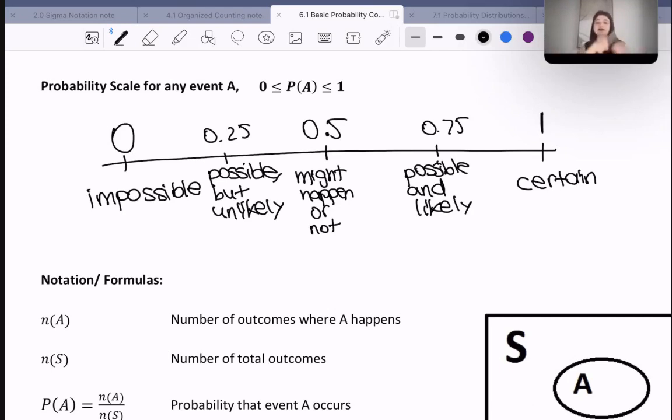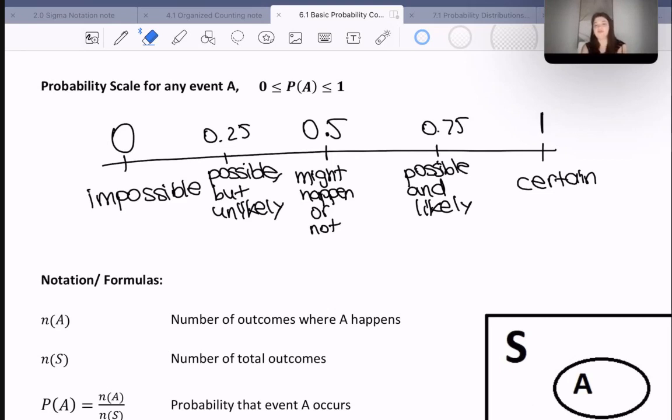But basically, this is our scale that goes from 0 up to 1. The closer we are to 0, the more likely it is to not happen, for the event to not occur and not be the outcome. And the closer we are to 1, the more certain we are, right? The more likely it's going to be. However, it's not completely impossible unless the probability is exactly 0, and it's not completely certain unless the probability is exactly 1, right?